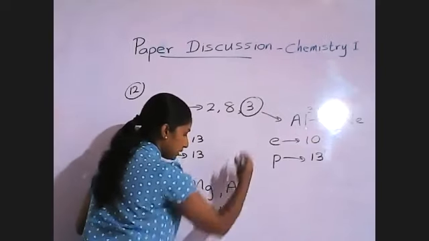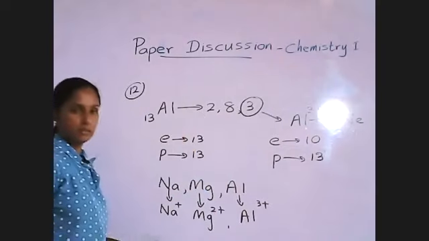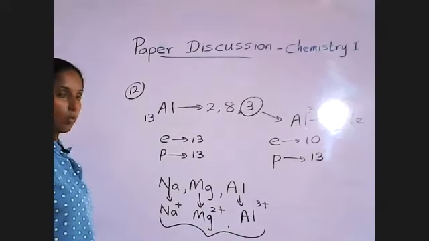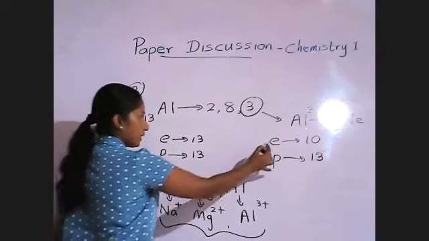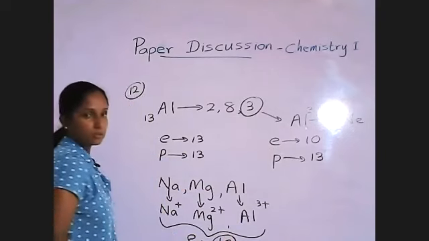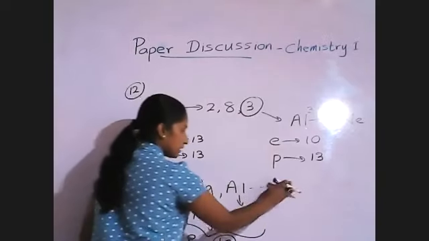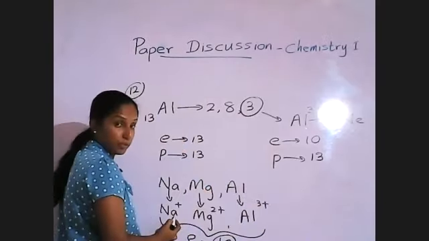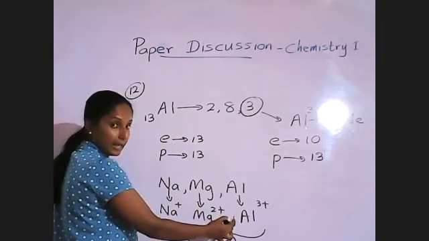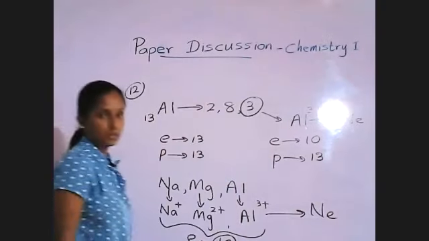Then as here, aluminium forms Al3 plus ion. Now all these have how many electrons? 10 electrons. Now all these have 10 electrons. That means Na plus ion, Mg2 plus ion, Al3 plus ion, they get the configuration of neon, right?